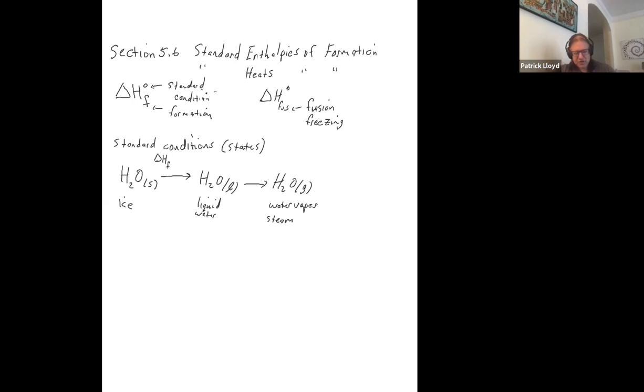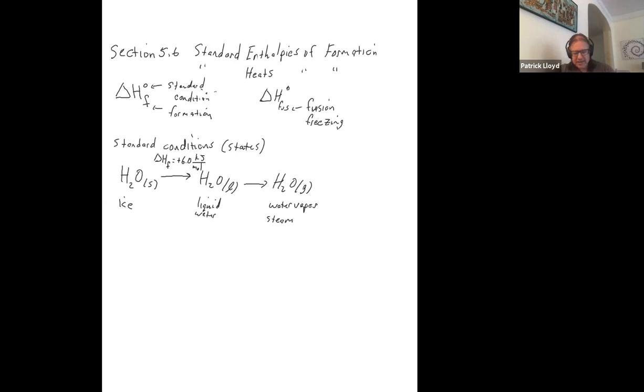And it's about 6 kilojoules per mole. So notice this is molar values. This is not per gram, but per mole. So in other words, if I have a mole of ice and I want to melt it into liquid water, it requires about 6.0 kilojoules of energy to do that. And that's an enthalpy change. There's a heat change, Q or delta H, required for that. So that's the molar heat of fusion, it's called.